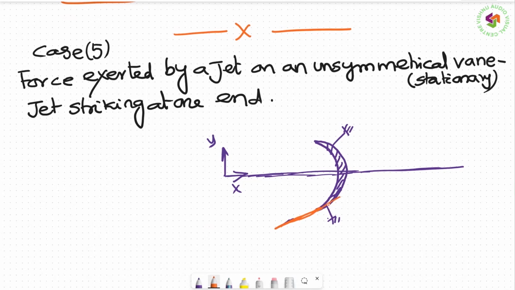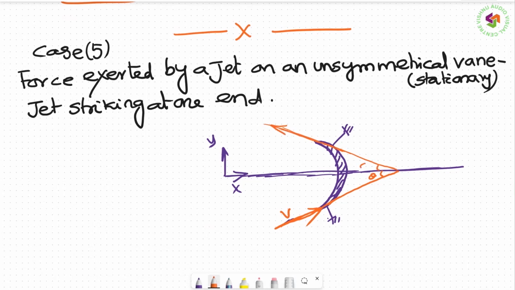That means if you extend this, it is theta. So here this is V. Similarly, it leaves like this.